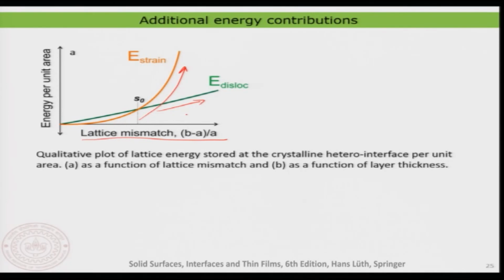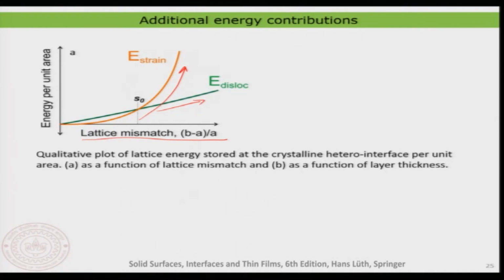Either you tilt the interface or you rotate. So the energy that you deposit due to the rotation or tilting of the surface with respect to the adsorbate is much less, and that quantity goes linearly with the lattice mismatch.